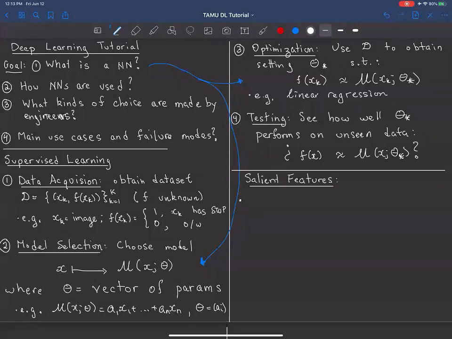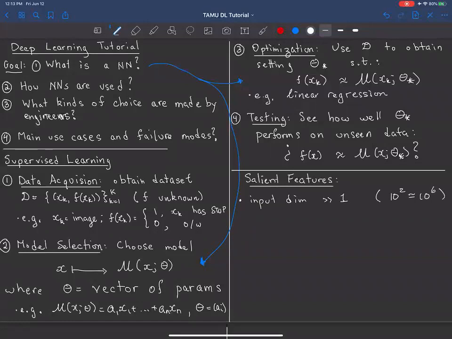Property number 1 is that the input dimension, i.e. the number of components that X has, is often very, very large. They do well for reasons that are not fully understood theoretically, but empirically, they do extremely well on high dimensional data. The input dimension might be on the order of 100, or on the order of 1 million.